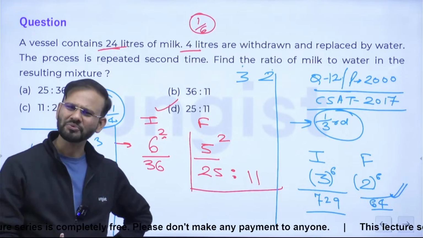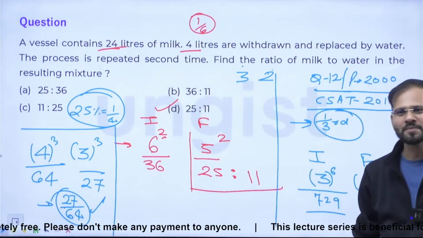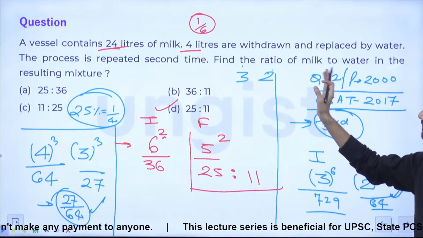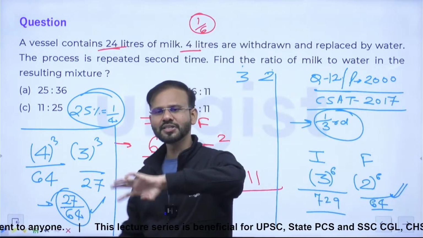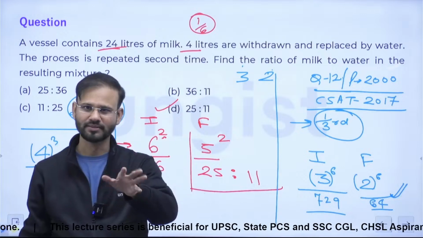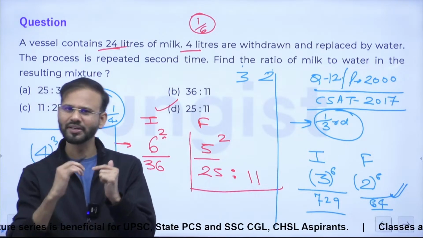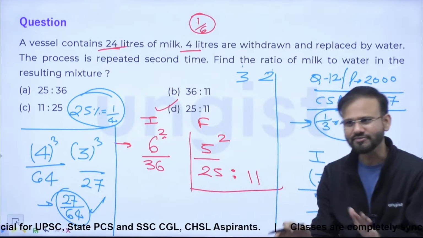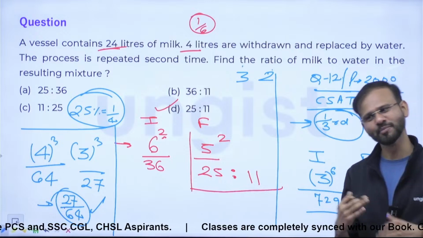In these types of questions, you just have to think logically about what the ratio of the initial quantity and the final quantity will be. Though it is a percentage, you just have to think in terms of ratio and proportion. Fine? Everybody okay? Shall we move now?